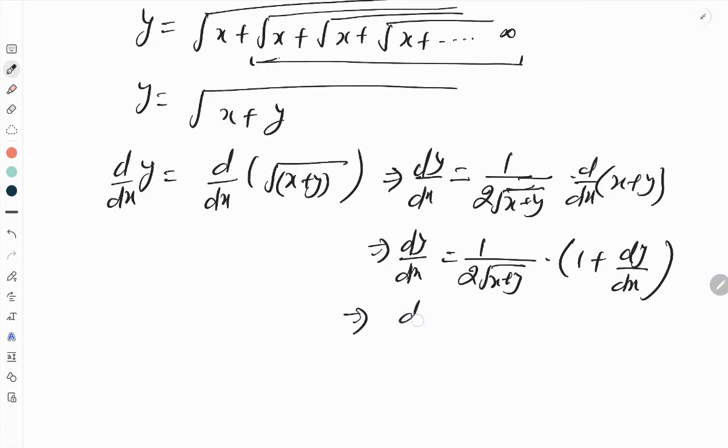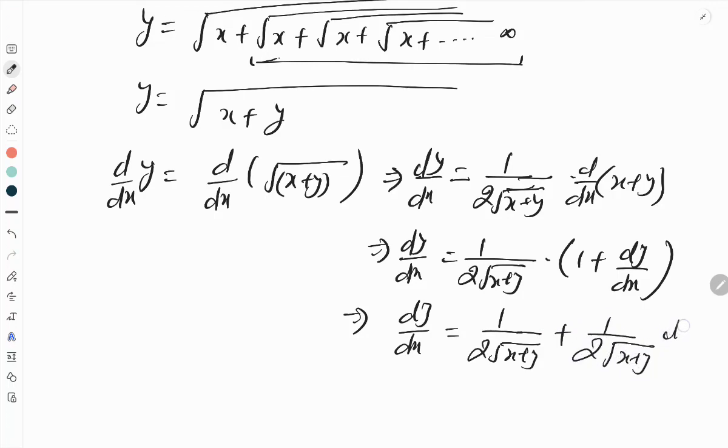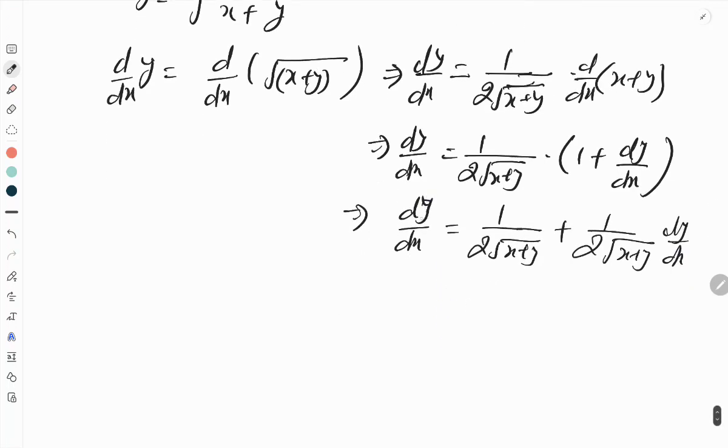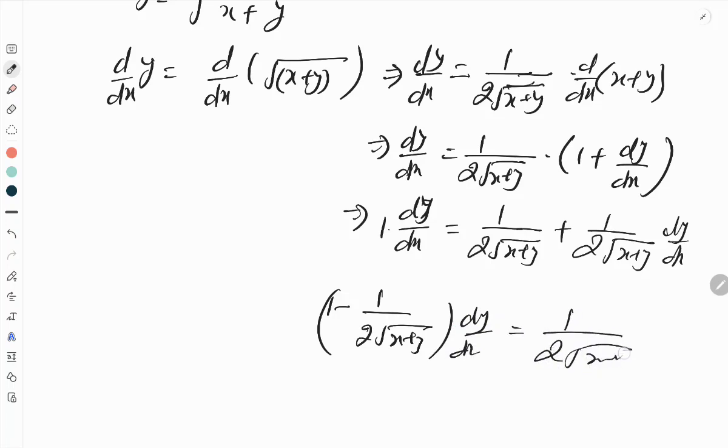Now after that you have to collect dy by dx: dy by dx is equal to 1 upon 2 under root x plus y into 1, plus 1 upon 2 under root x plus y times dy by dx. Take dy by dx to one side, so 1 minus 1 upon 2 under root x plus y.